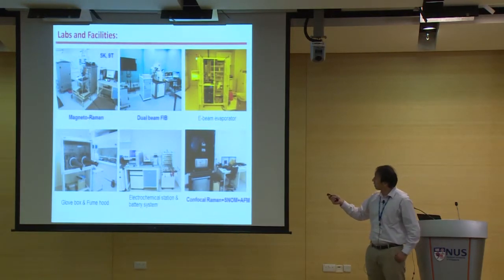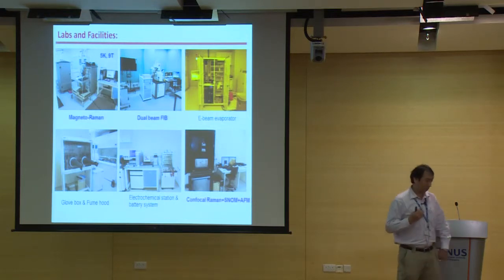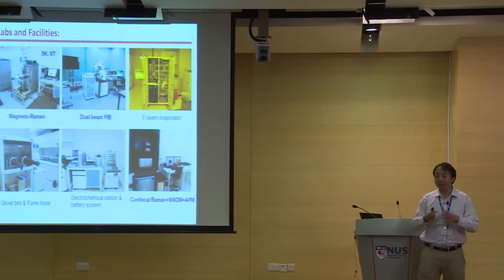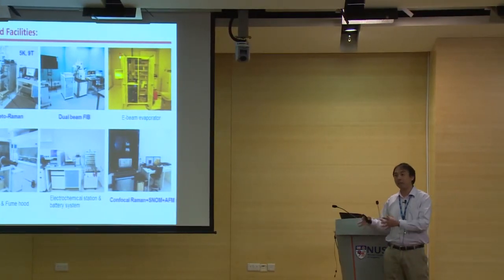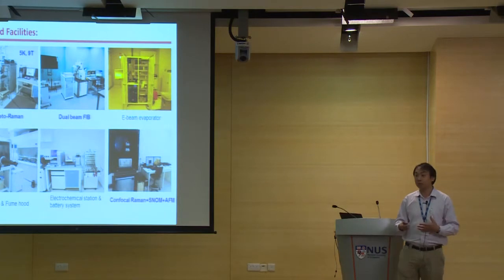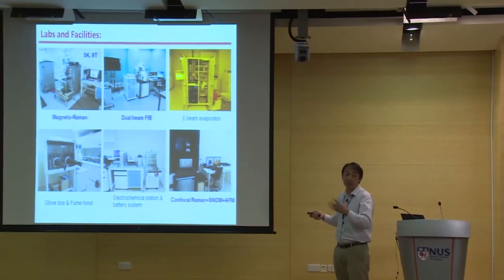Inside this system there are also 4 pieces of piezo crystal controlled stages. So basically, we can do confocal mapping of Raman or PL down to 4 Kelvin and up to 9 Tesla. And meanwhile, if you like, you can also apply an electric field. So basically, this is just a normal cryostat, but with optics coupling there.